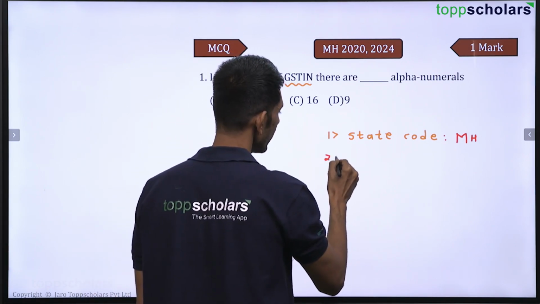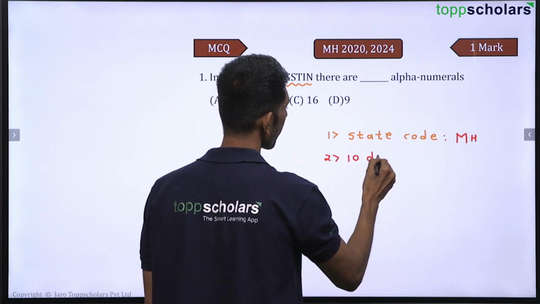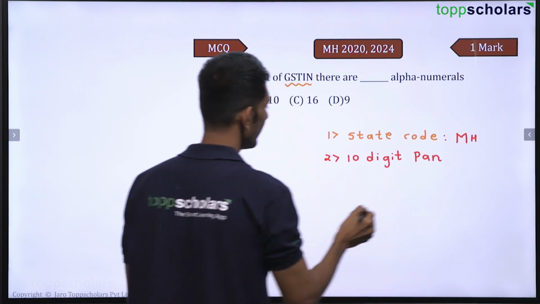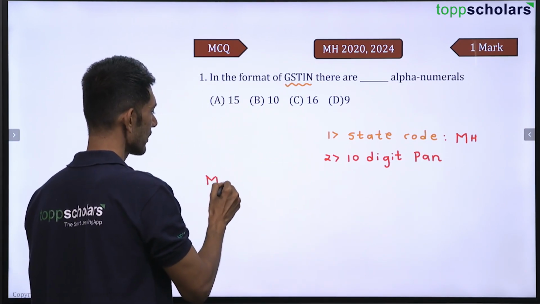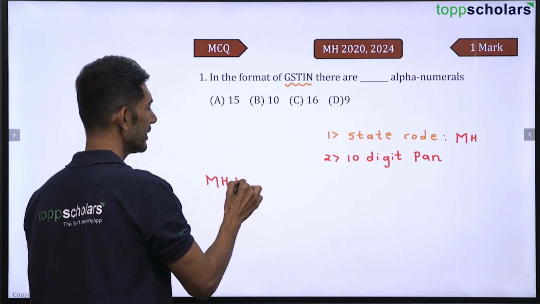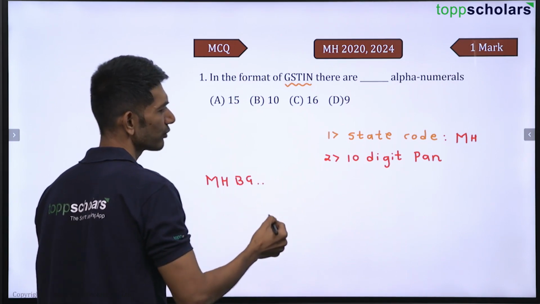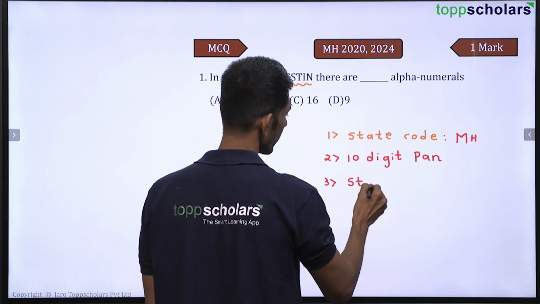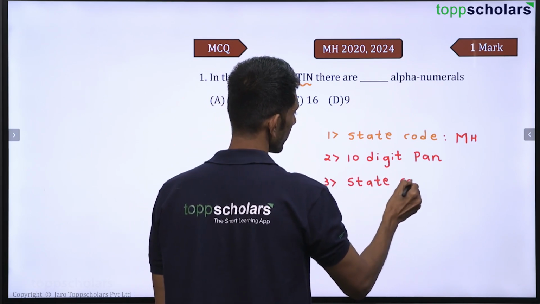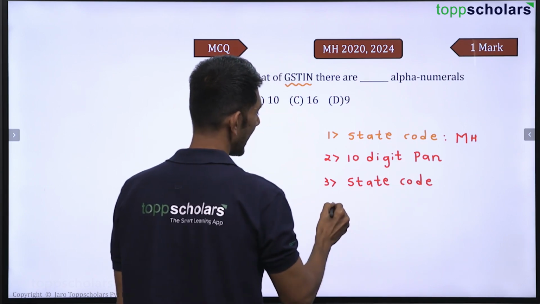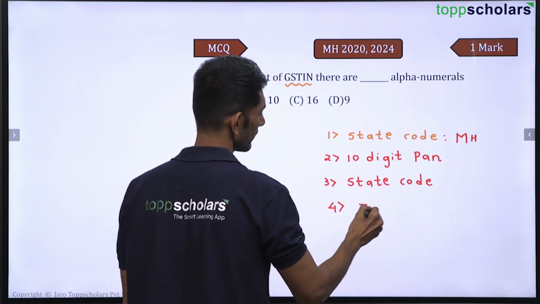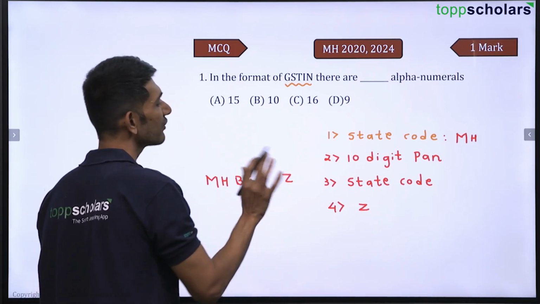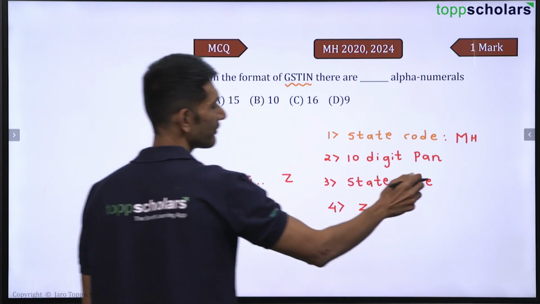Then second is the 10-digit PAN number. So it will be something like this: MH, then the PAN number, BG, so and so, so and so. That is 10 characters. Then you have the state code again, and the last character, rather I would say alphabet, is Z. It ends with Z. So here you can fill in 2.